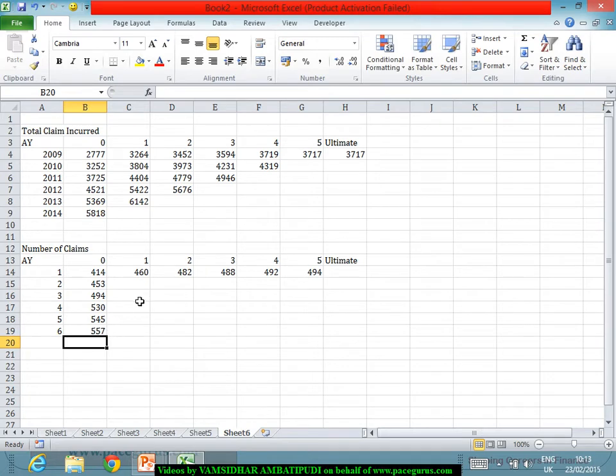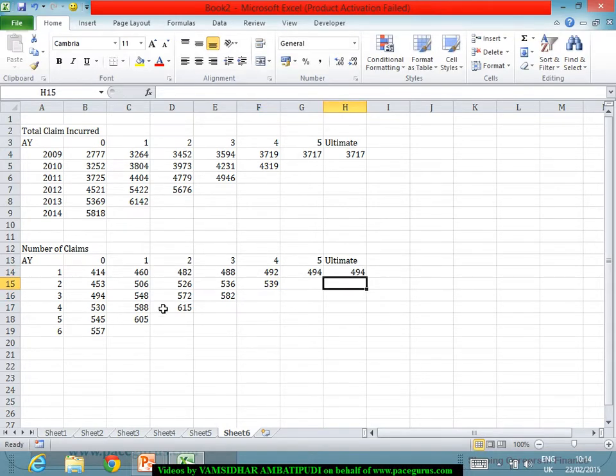So these are the number of claims, and that is the total claim amount that got settled in each of the cases. Okay, with these being the numbers, these are the number of claims.